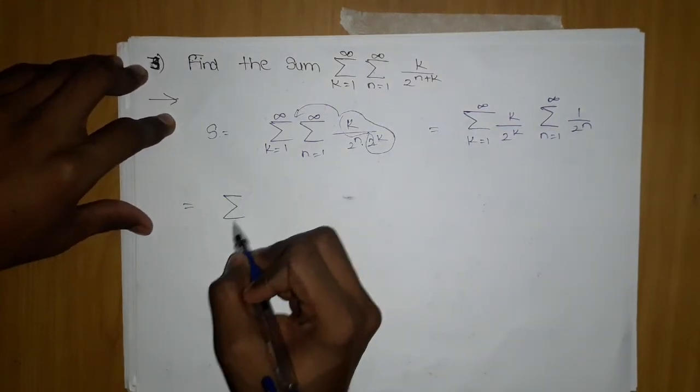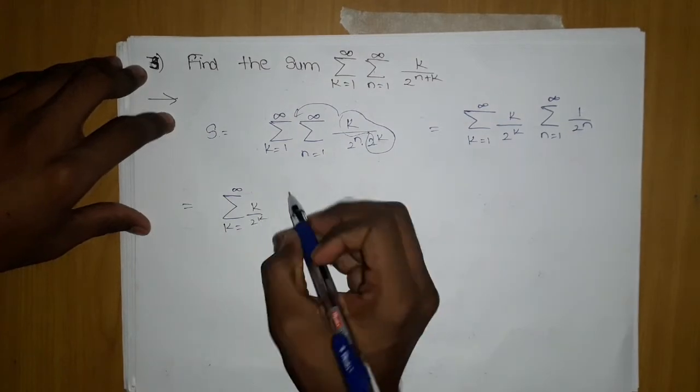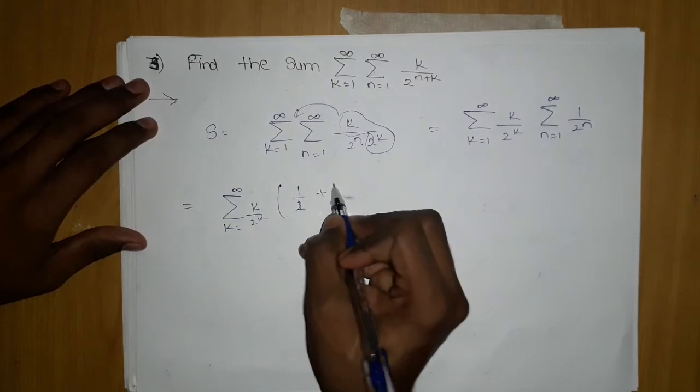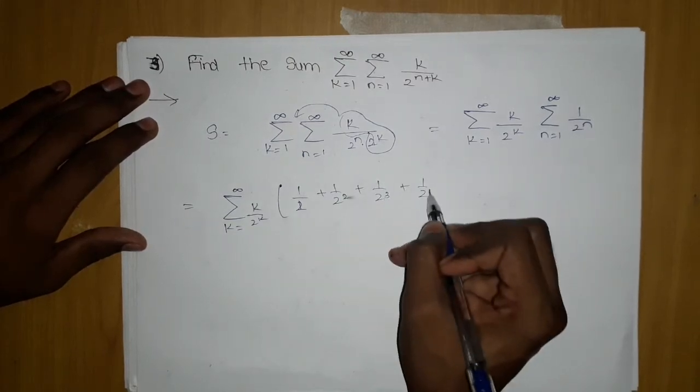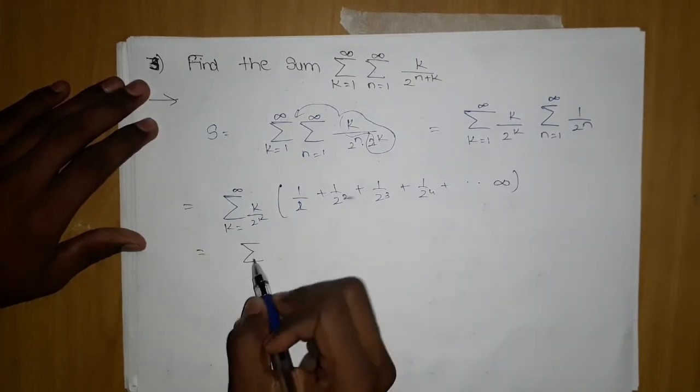For now we will just open the first one, and keep k by 2 power k as it is. Now if I analyze this, it is 1 upon 2, 1 upon 2 square, 2 cube, 2 power 4, and so on till infinity. What is the sum of infinite terms in a GP?